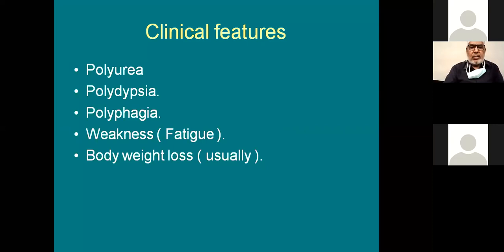Body weight loss usually, but that varies from person to person. Some people are very obese and there might be some weight loss, but that's not mandatory for all patients.